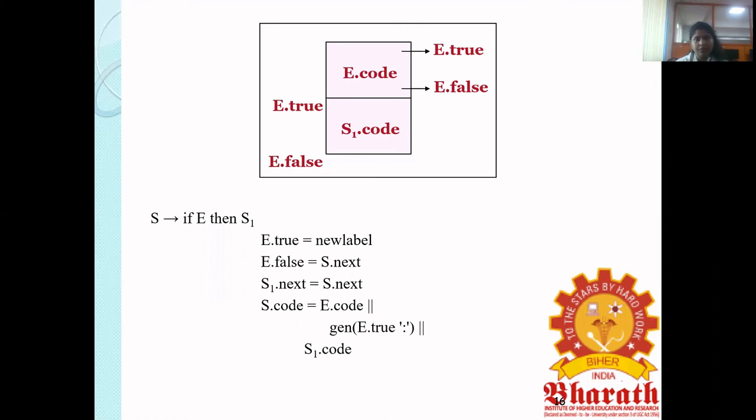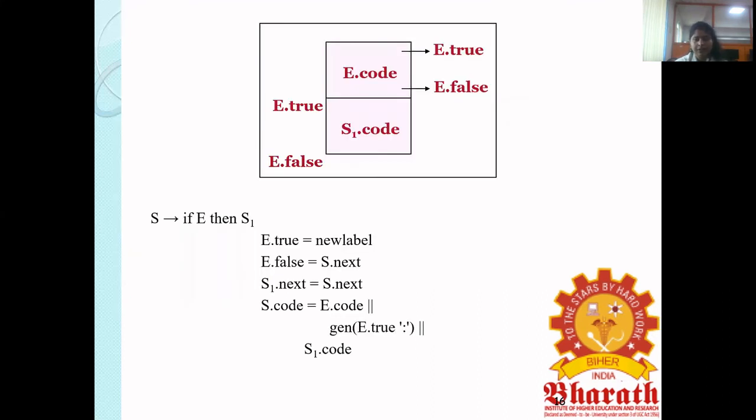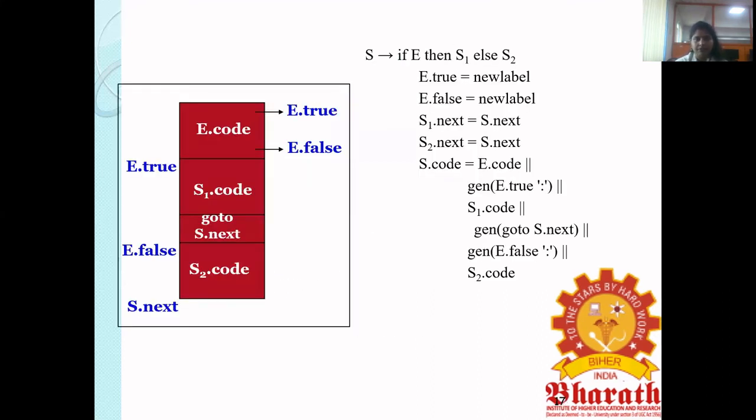It will directly end the process. But in the if else statement, the false branch also has some execution to do, so we want to assign the value for the false label also. So this is the little difference between if and if else when writing the short circuit code.